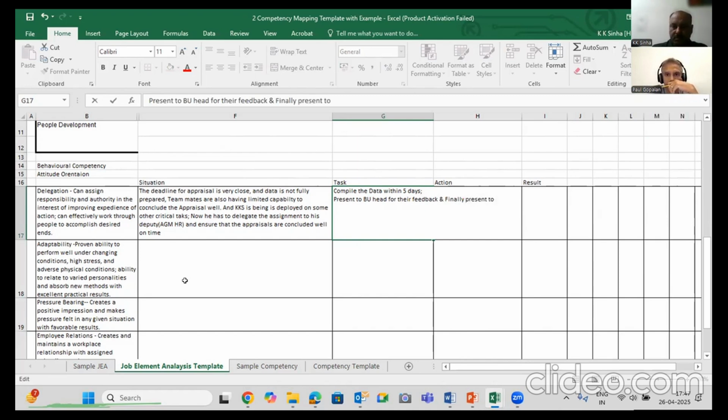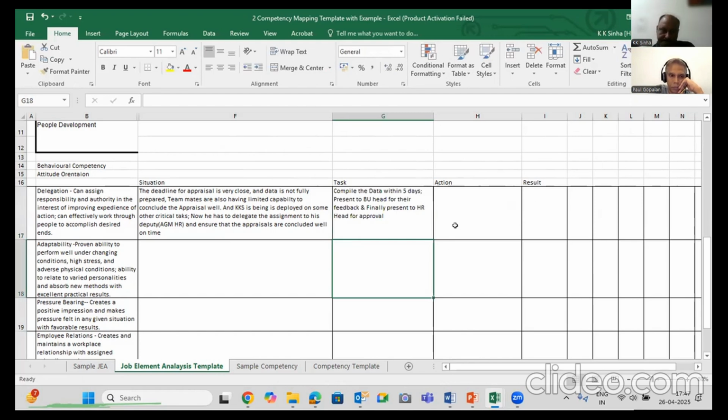So if this is the specific objective of compiling the data within a deadline, what are the specific steps you are taking in order to finish this task? It could be using your resources, decision making, lots of things come into play. So what are those actions you are taking to finish this objective? But these specific actions should be from the angle of delegation, right? Because we are trying to see delegation.